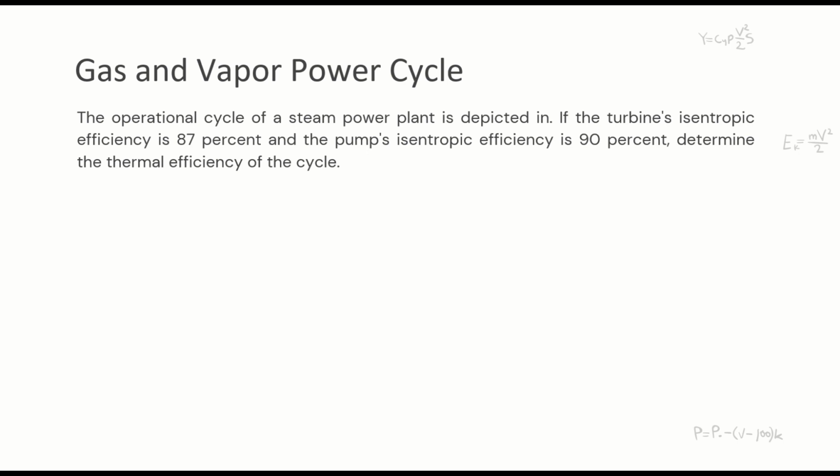So we have given the isentropic efficiency of the turbine, which is 87%, and the isentropic efficiency of the pump is 90%. We are looking for the thermal efficiency of the cycle. So let's start solving this problem. Solution.